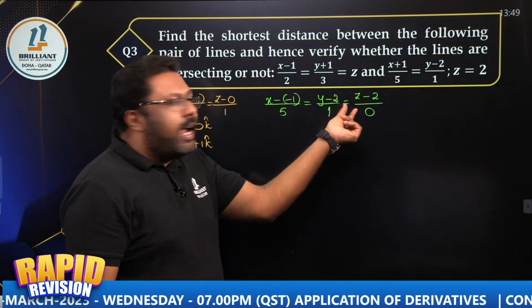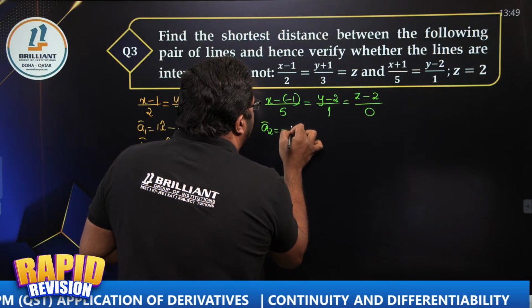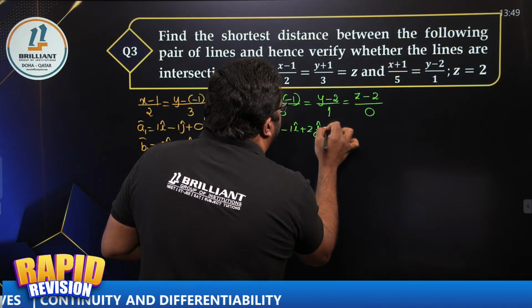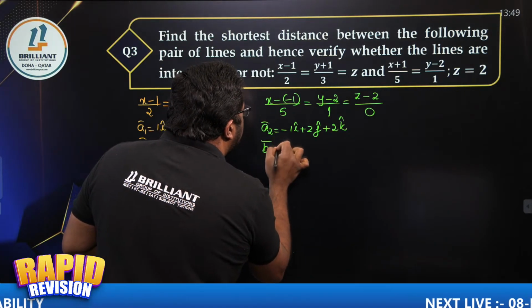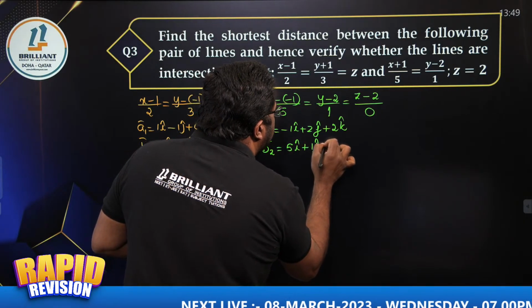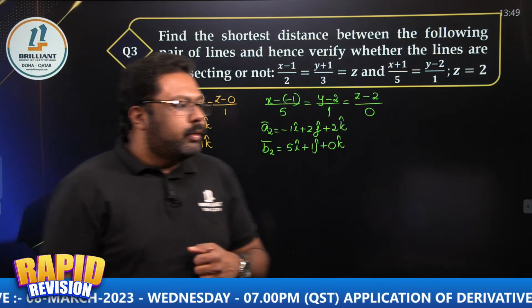So you have to rewrite it in the correct form, and from this, what is the A2 vector? Minus 1i plus 2j plus 2k. And what is the B2 vector? 5i plus 1j plus 0k. Got it?